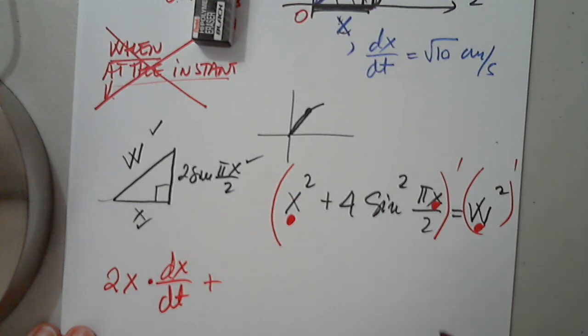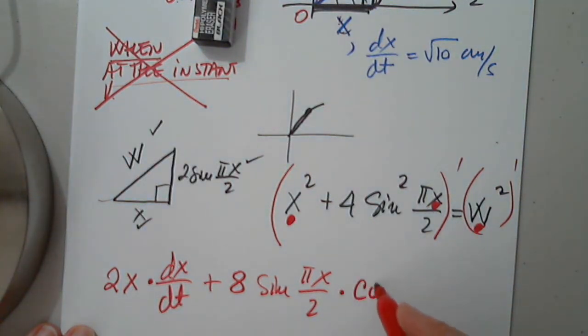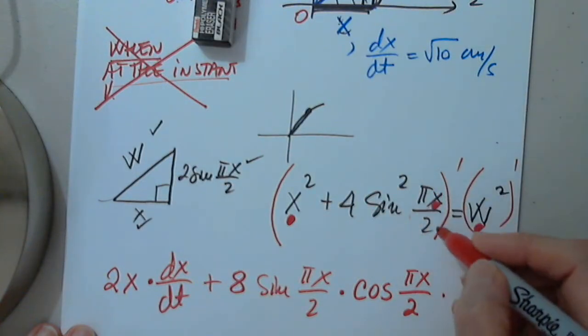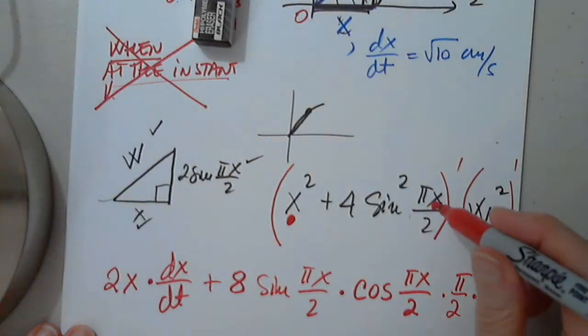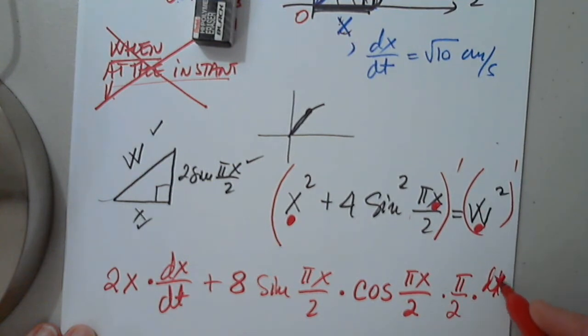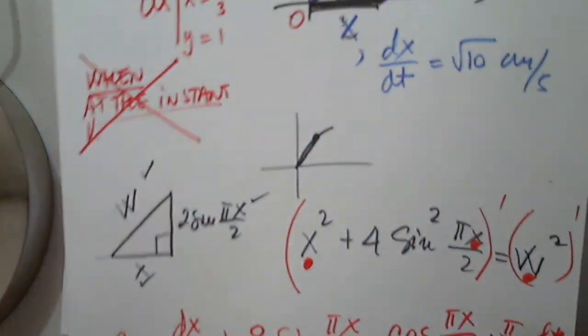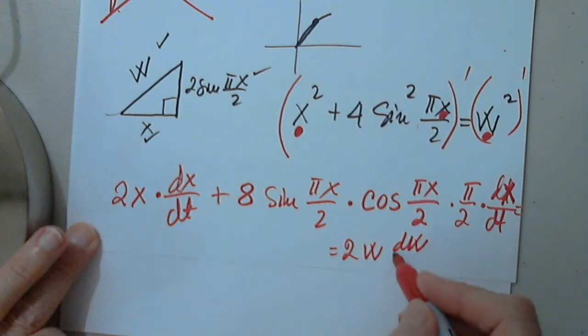Plus 8 sine pi x over 2, times the inner function prime, times the innermost function prime, times dx over dt. Okay, equals 2 w dw over dt.